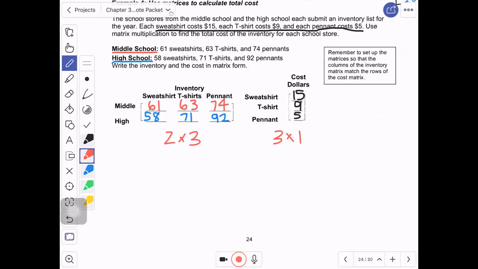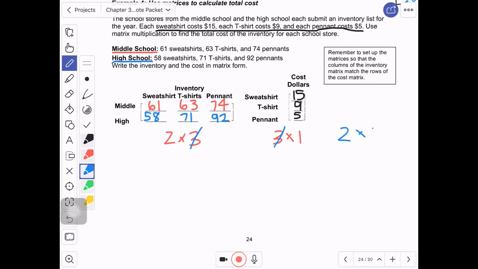Yep. So then what would our matrix be when we multiply them together? What would the dimensions be? 2 by 1. Exactly. Yeah, when those numbers are equal to one another, that just means that we can multiply it. In my mind, I cross them out. We're going to take our row by our column.